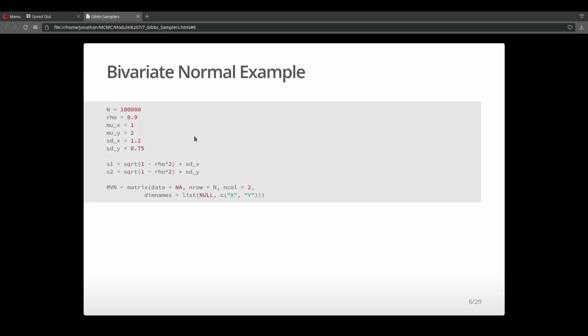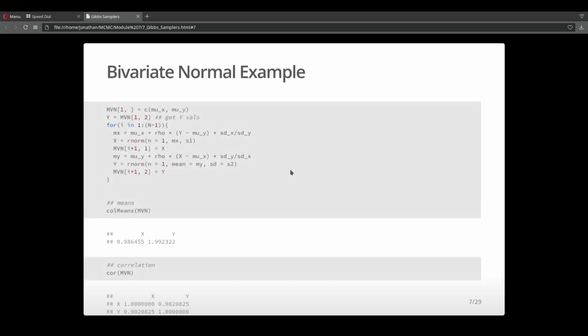Let's put some numbers to this bivariate normal distribution that we want to sample from. We have a correlation value, a mu, and a standard deviation. And we need to calculate some parameters for the conditional distributions. We're going to get some starting values, and these are just going to be the averages of the bivariate distribution.